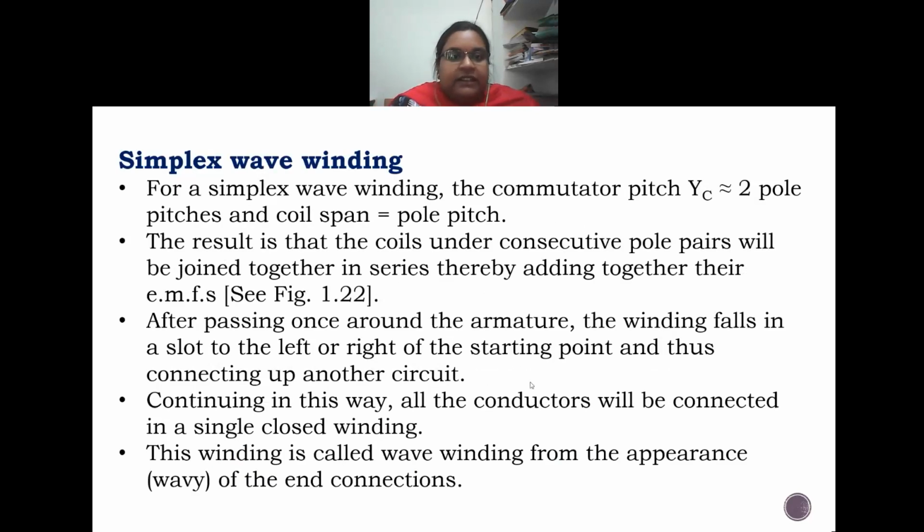Next is simplex wave winding. Let us see what are the requirements for the simplex wave winding. For the simplex wave winding, the commutator pitch YC is equal to 2 pole pitches, and the coil span is equal to 1 pole pitch.